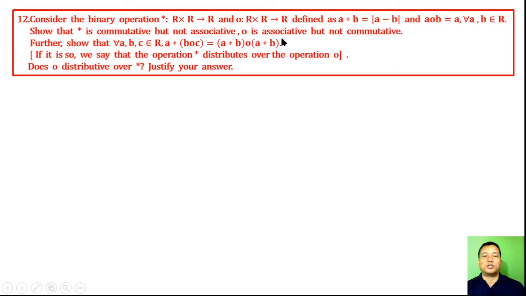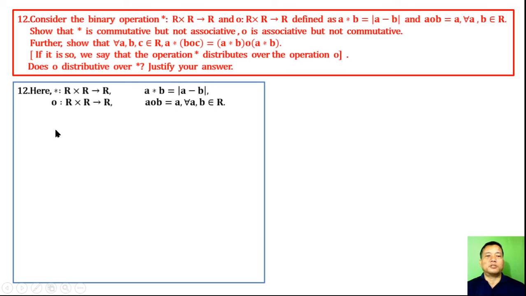Further, for all A, B, C belongs to R, A asterisk of B O C equals A asterisk B O A asterisk C. If it is so, we say that the operation asterisk distributes over the operation O. Thus, does O distribute over asterisk? Justify your answer. One by one, quick proof.